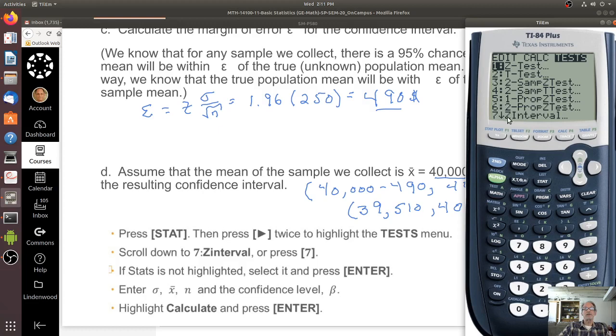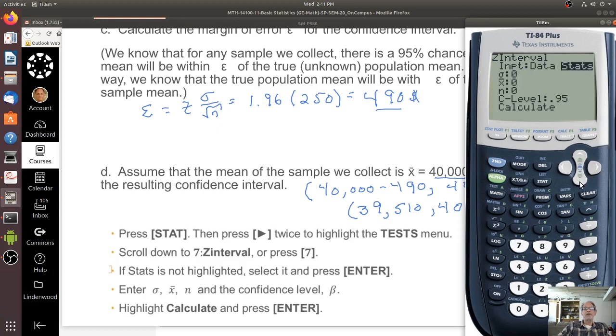See, we're using Z statistics. Oh, look, here's a Z test and a T test. So the calculator is using the same jargon we are. So I'm going to choose number 7.